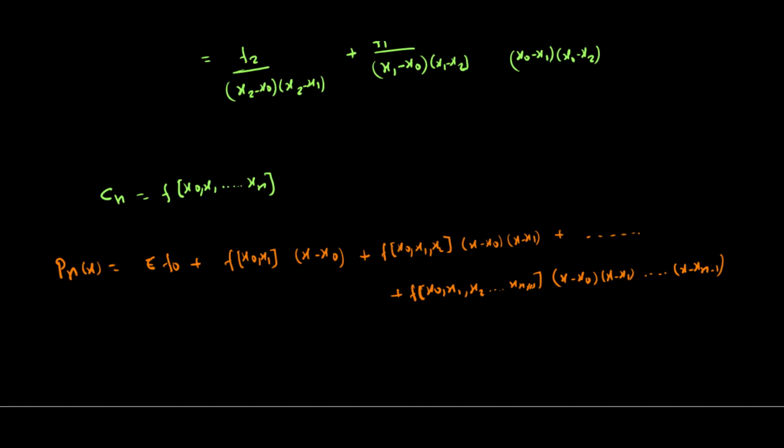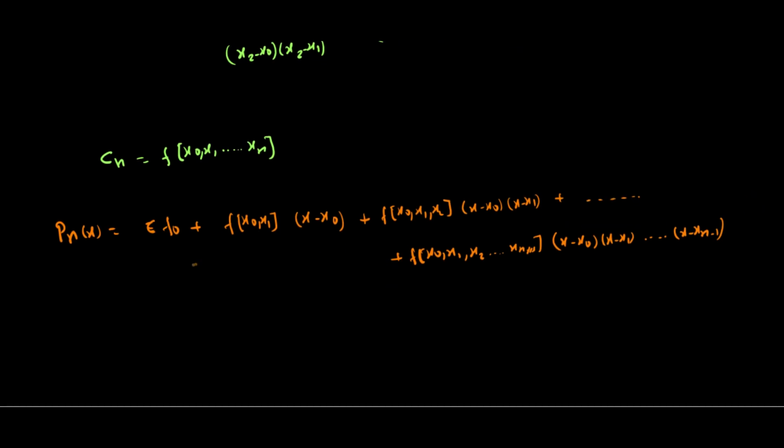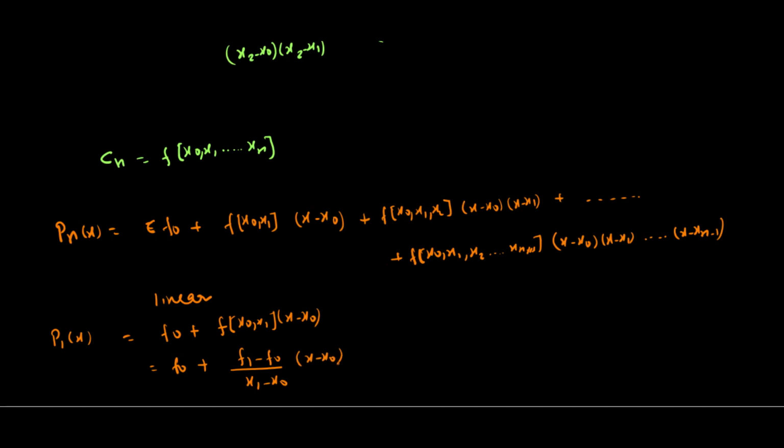So this is my general interpolating polynomial, and what we need here is a linear interpolating polynomial, that is my p1 of x. So this will be equal to f0 plus f of x0, x1 into (x minus x0), and this is nothing but f0 plus (f1 minus f0) upon (x1 minus x0), multiplied by (x minus x0).